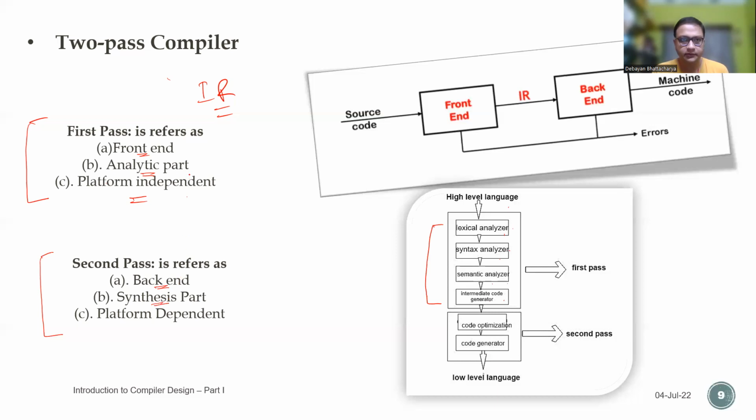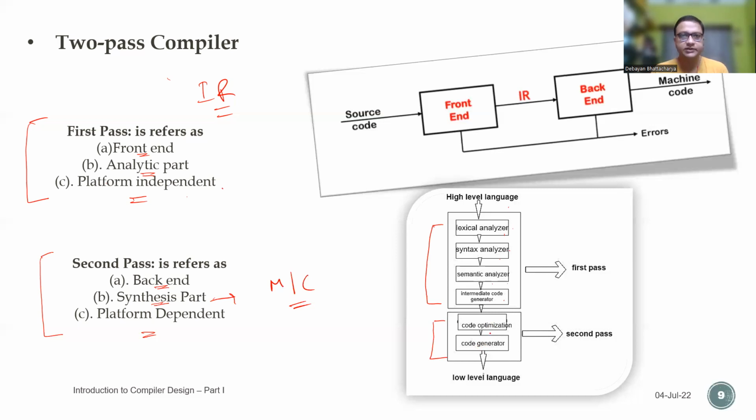From that platform independent code, the synthesis part creates machine-level code which will be executed on that particular machine. Obviously, that machine code is platform dependent, meaning hardware dependent. For creating it, the tools that help us are code optimization and the code generator.